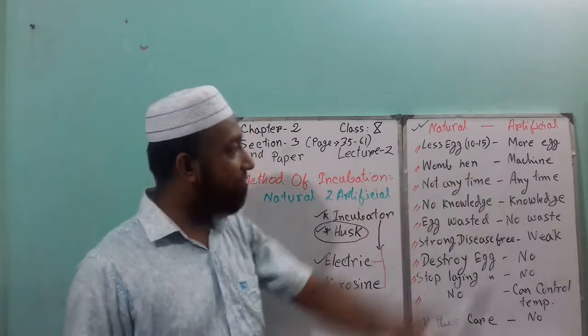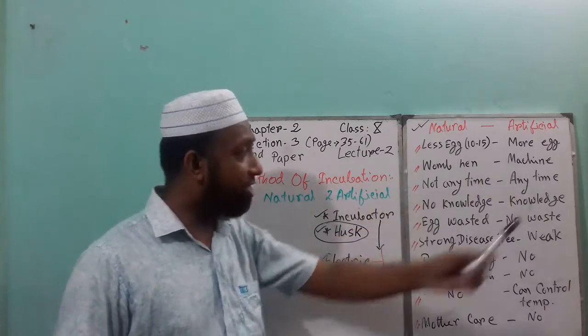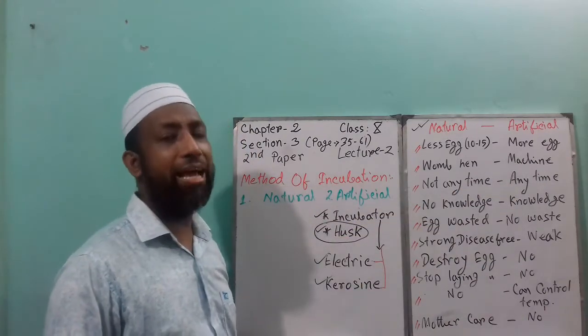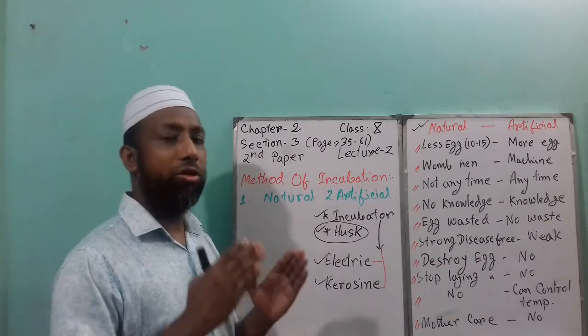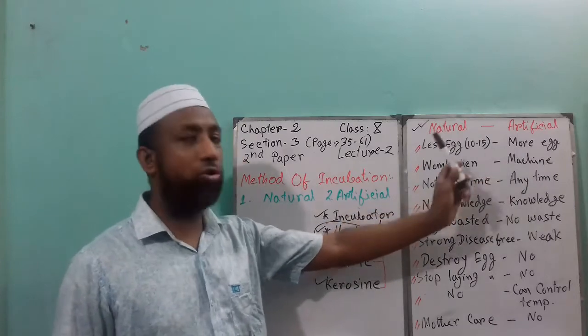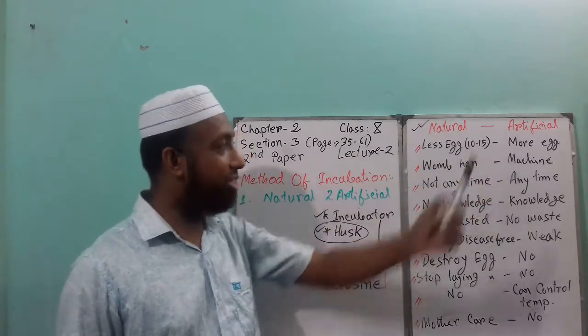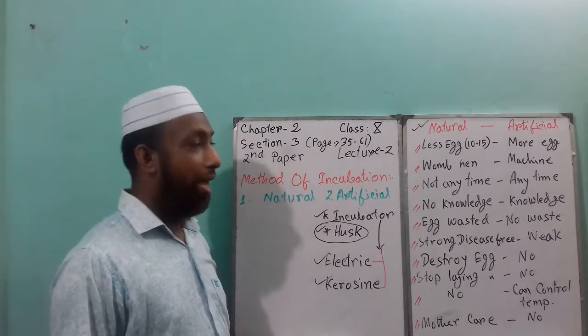In the artificial method, the machine produces the temperature, environment, everything. So you do not need the help of a chicken. The machine will continue the process of incubation.